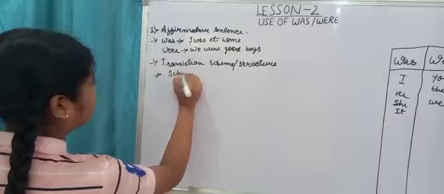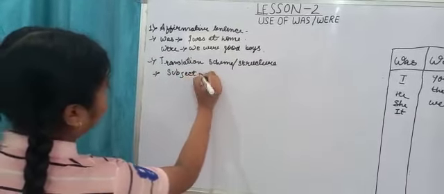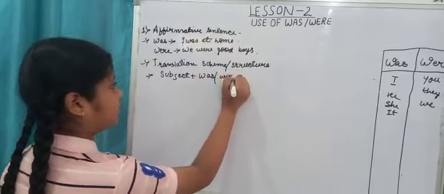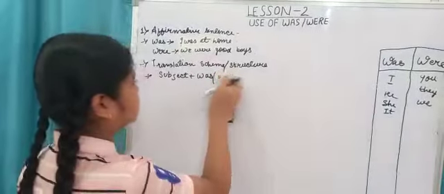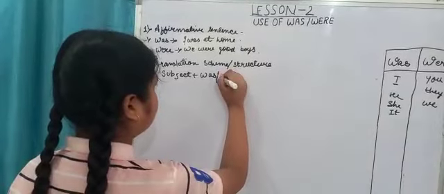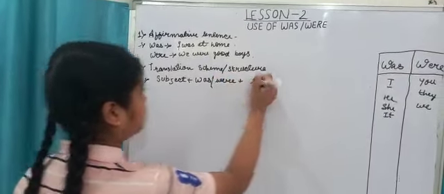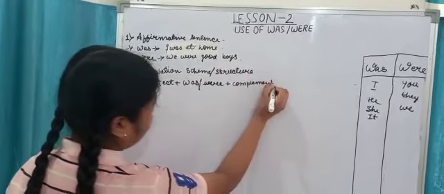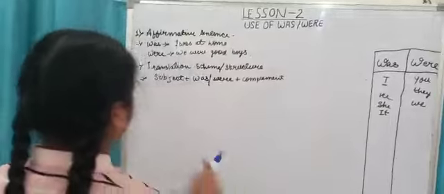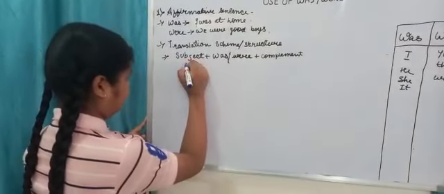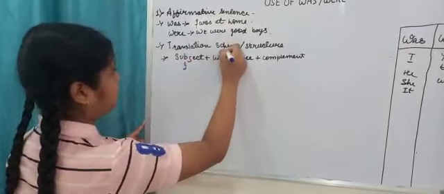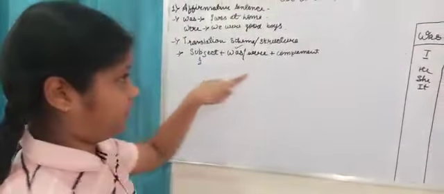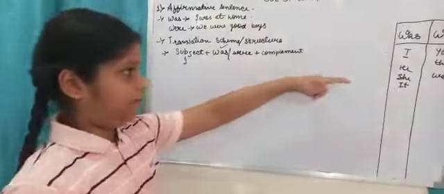Subject plus was/were plus complement. For example, firstly the subject will come, like I. Was or were: was, because I is the singular pronoun, and always with the singular pronouns I, he, she, it, was is used.